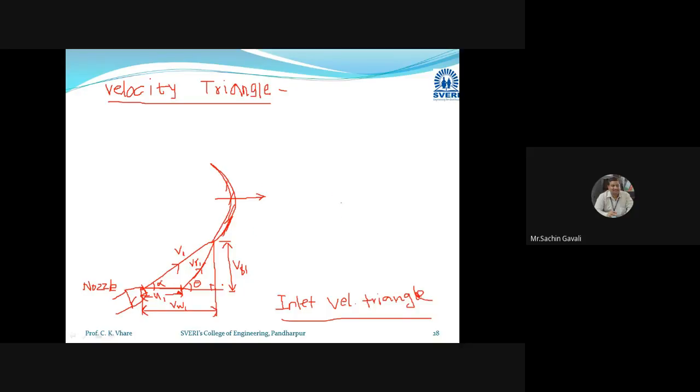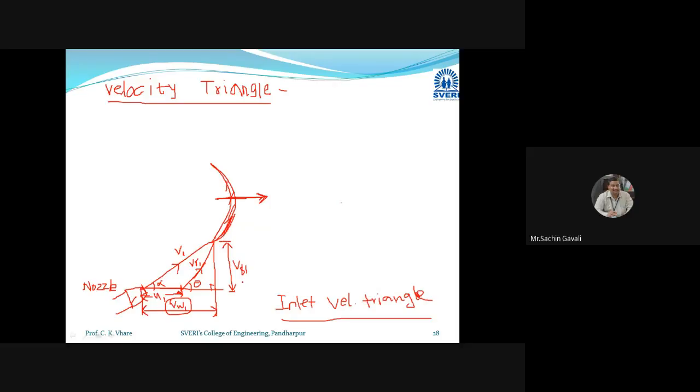Whatever the blade is rotating, it rotates due to this VW1 component only. And the flow component makes the flow along the blade. That is due only to the vertical component VF1. So V1 is resolved into two components: horizontal component VW1 and vertical component VF1.